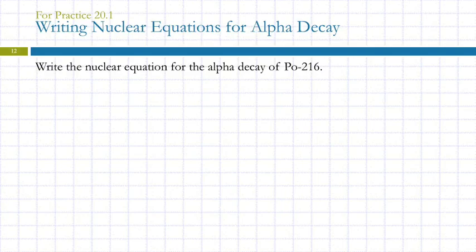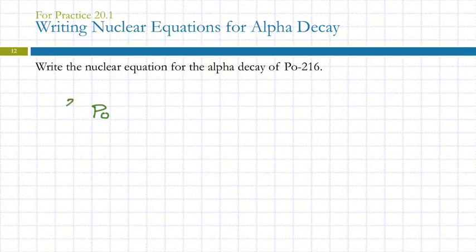So to write this equation, we're going to start by writing the nuclear symbol for that parent nuclide. So we have Po for polonium. The number after the symbol is the mass number.